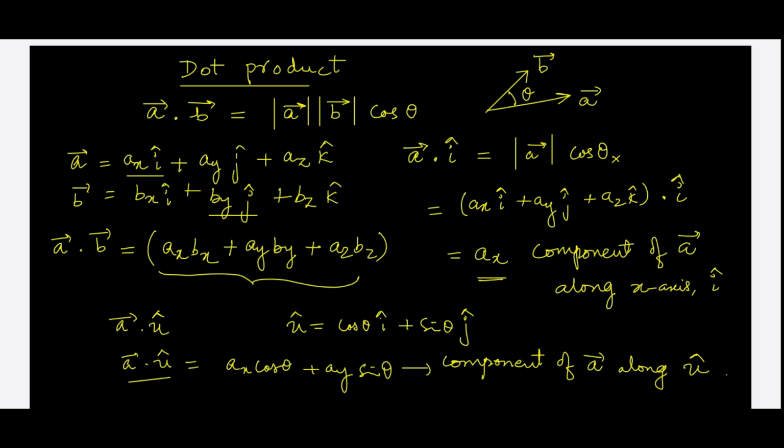So you have A dot P cap equals to, so this is how we can write component of A along P, right? Okay.